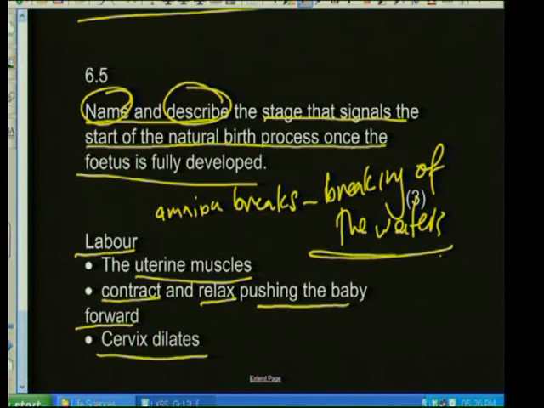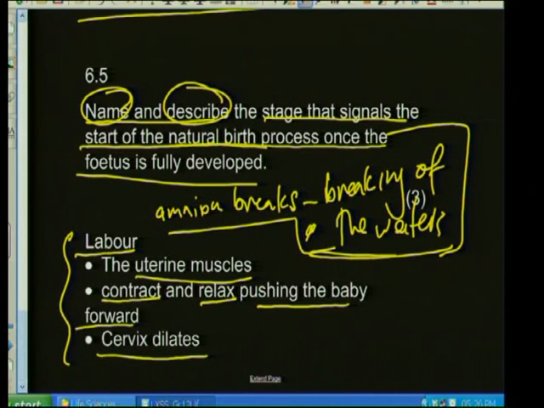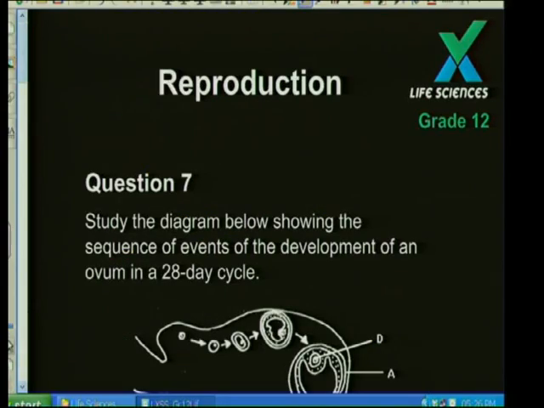This is the first signal that you're close to labor. But here they were talking about the start of the natural birth process, start. So some books will keep that as part of it, and we're talking more about the labor. So keep that in mind.